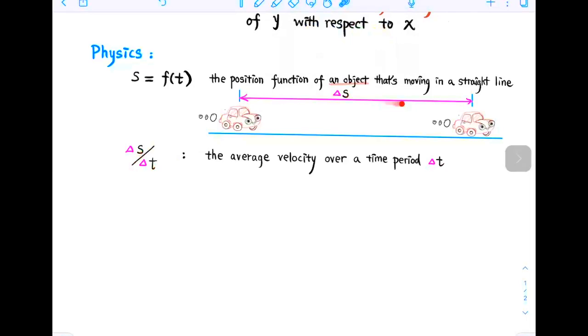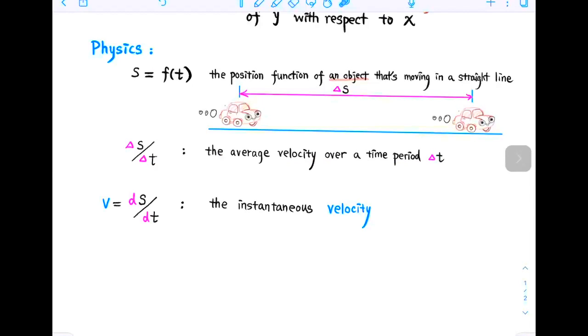The change in position divided by the time elapsed represents the average velocity over a time period, delta t. And v equals ds/dt represents the instantaneous velocity, the rate of change of displacement with respect to time.